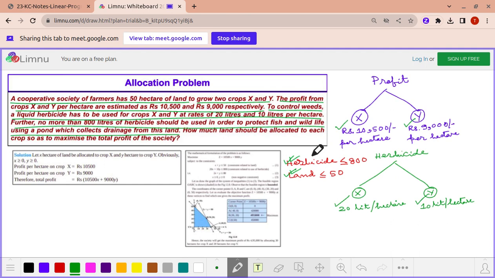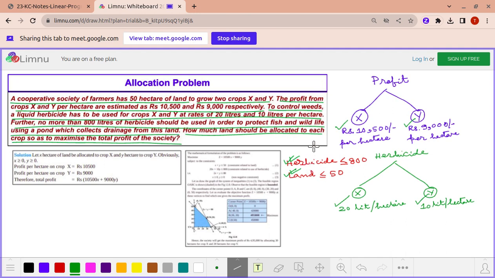Now whether we are going to use it for crop X or crop Y or both, whatever it is, the herbicide restriction is 800 liters. So this is a constraint. Now the question is how much land should be allocated to each crop so as to maximize the total profit of the society. So let's assume that X hectare of land is given to crop X and Y hectare of land is given to produce crop Y. Okay.